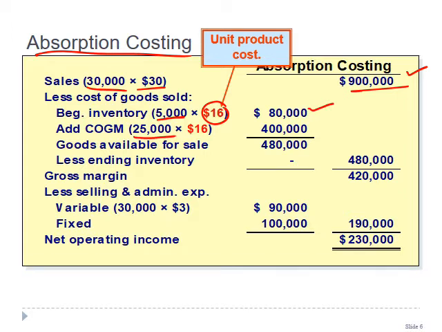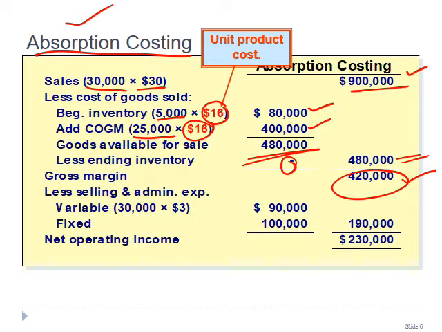So units produced this year 25,000, again at the unit product cost under absorption costing, 400,000. So total 480,000 is the cost of goods available for sale, and we less the ending inventory, which is 0, so all the amount, 480,000, will go to cost of goods sold. So the answer is 900,000 minus 480,000.